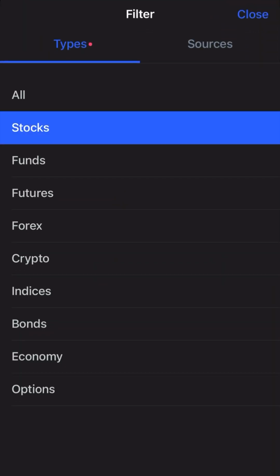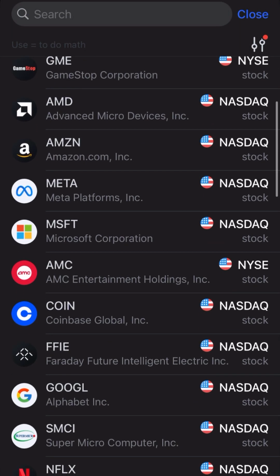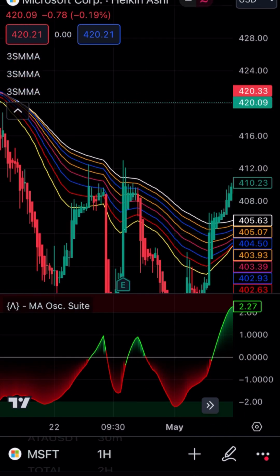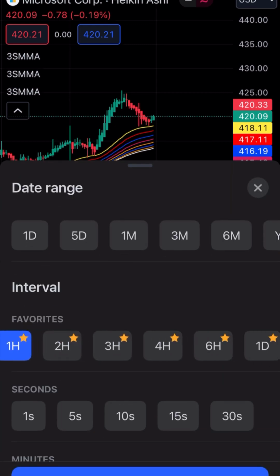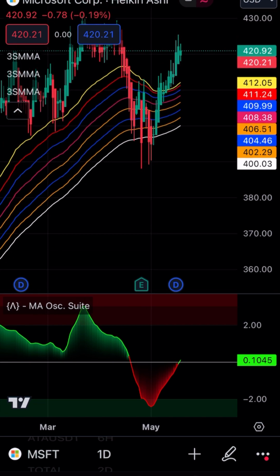So let's look at another asset. Let's look at Microsoft real quick. First off, we got to figure out what the overall direction is. The overall direction is up.